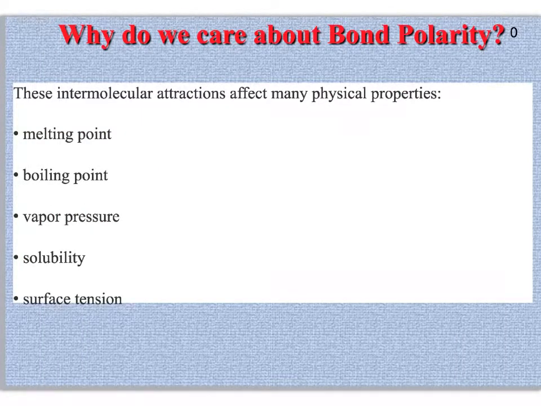I will leave you with this thought about some of the properties that are affected by intermolecular attraction. Look at all these properties it determines: the temperature at which phases change, vapor pressure, how soluble it is in certain solvents, and surface tension, among others. So that's it for this PowerPoint.